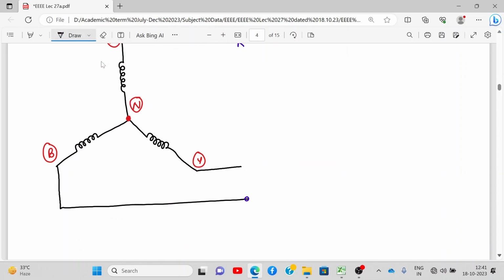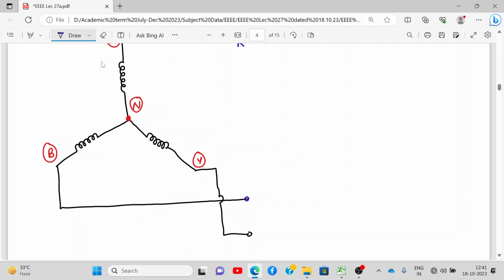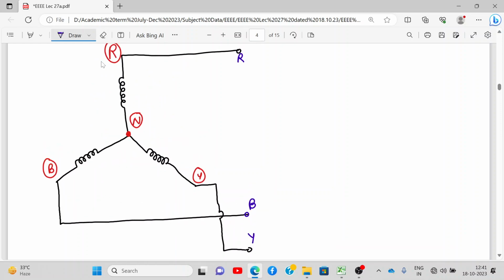We'll follow the same sequence, right? This way. So this will be B and this will be Y. Alright. Now over here, I will be connecting my load.